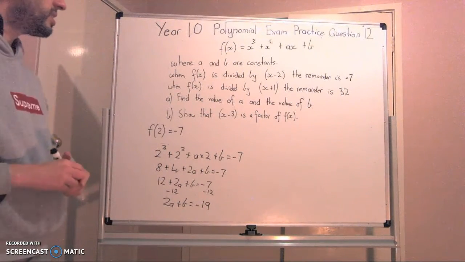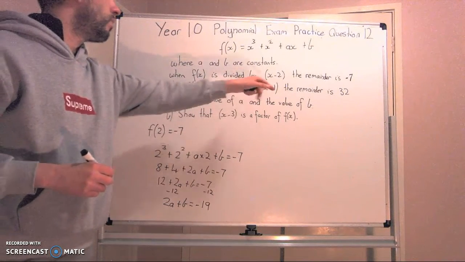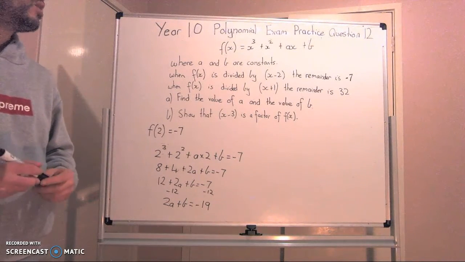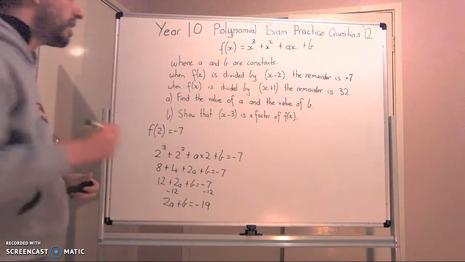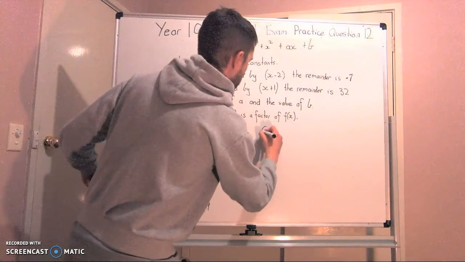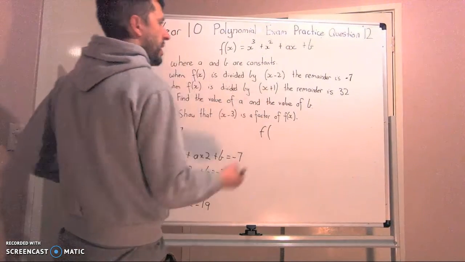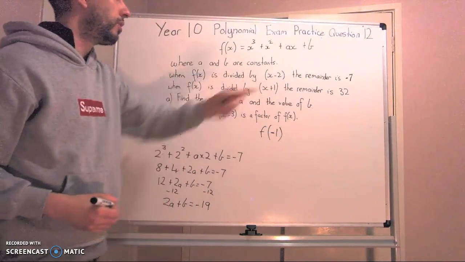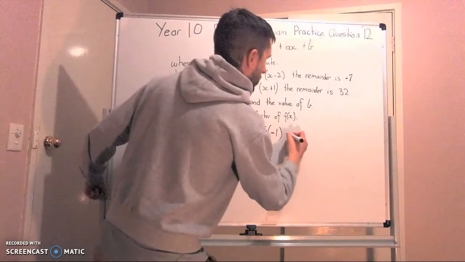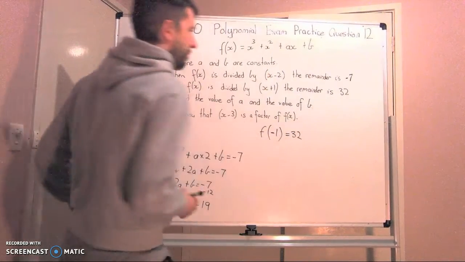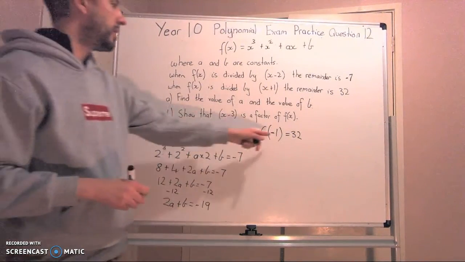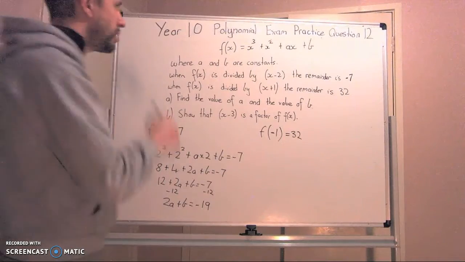Okay, the next thing I look at is my next one, where it says I've divided by x plus 1, and the remainder is 32. Again, I'm using my remainder theorem. So if x is negative 1, because that will mean that's 0, I'm left with a remainder of 32. So based on that, I'm going to substitute negative 1 into my equation.